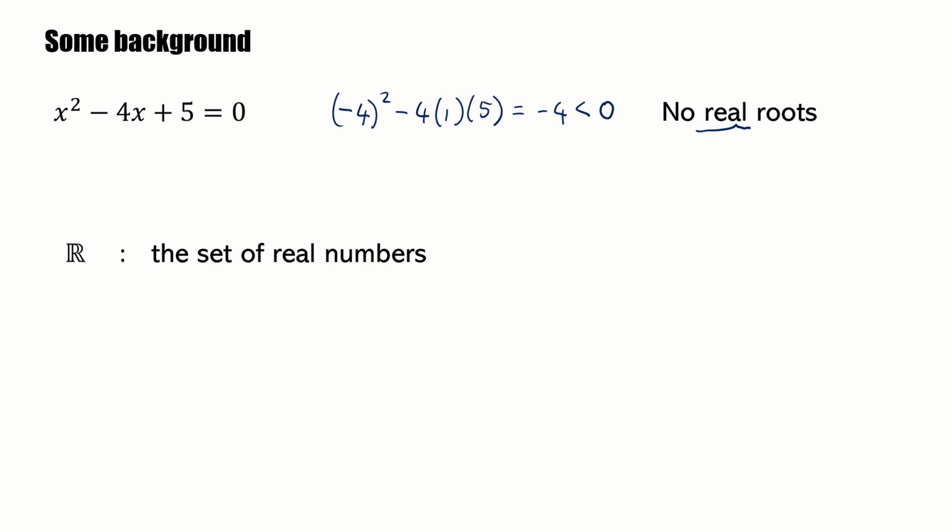Well, put simply, they're all the sort of numbers you've ever come across before in Maths A-level or Maths GCSE up until now. They are all the positive numbers, the negative numbers, the decimals, the fractions, the rational numbers, the irrational numbers like pi, square root of 2, etc, etc. All the numbers that you've come to know and use that lie on the traditional number line.